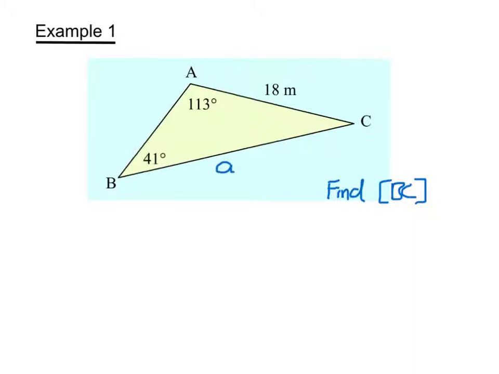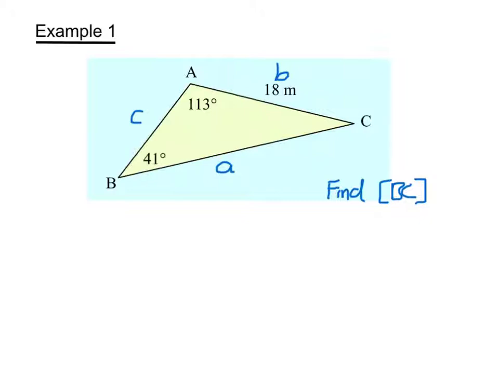Remember that the opposite side should be the lowercase letter of the angle. So this side is side a, this side is side c, and this side is side b. So what we really know is angle A, angle B, and side b. And we're asked to find side a.